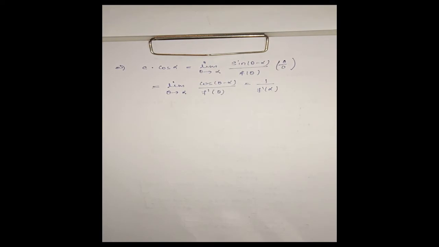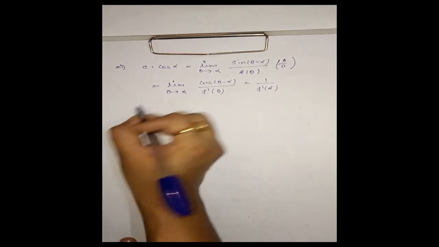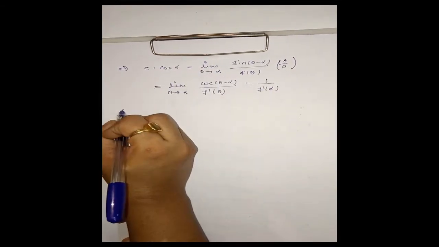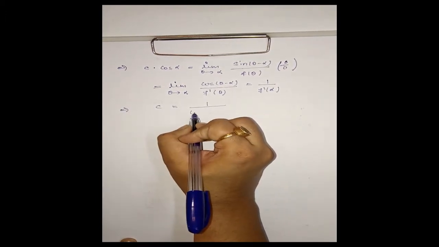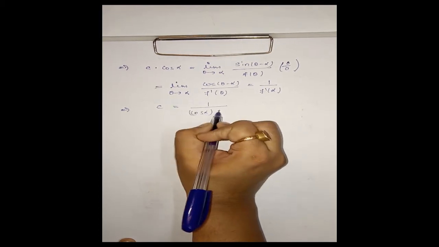Now my m is tan alpha and c is 1 upon f dash alpha, here we have c into cos alpha. Therefore c is given by 1 upon cos alpha into f dash alpha.